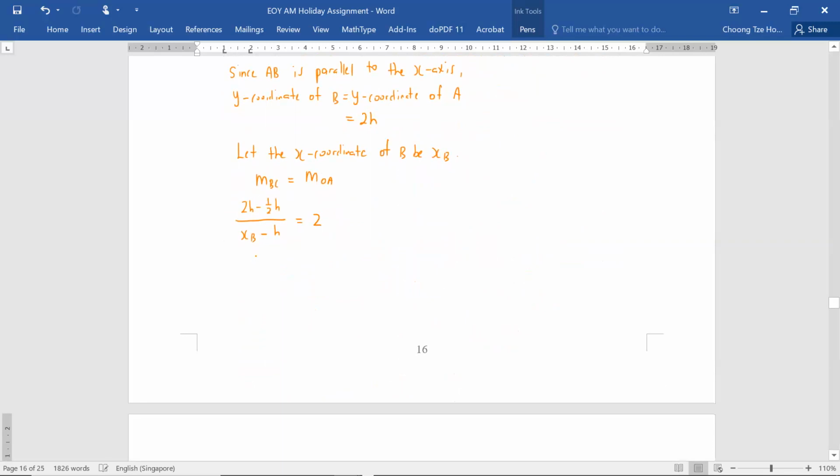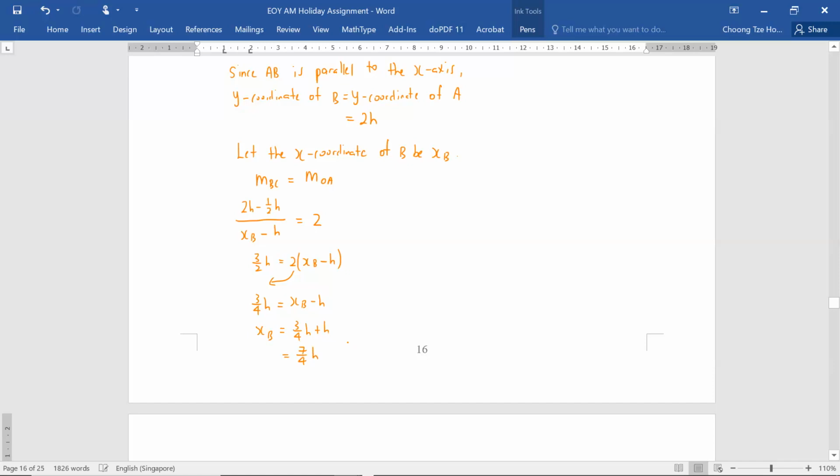Okay, on top we'll get 3 over 2h, and then we'll multiply the xB minus h to the right side. Then we'll divide the 2 down. So we'll get 3 over 4h equals to xB minus h. So xB will be 3/4 h plus h, which will give us 7 over 4h.